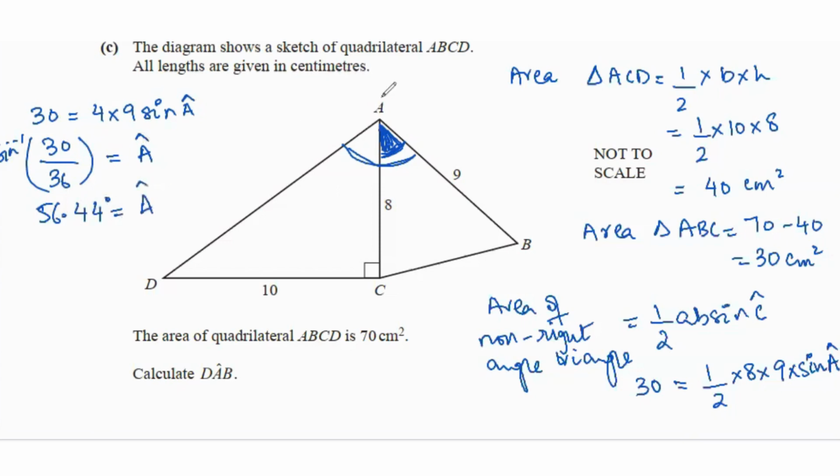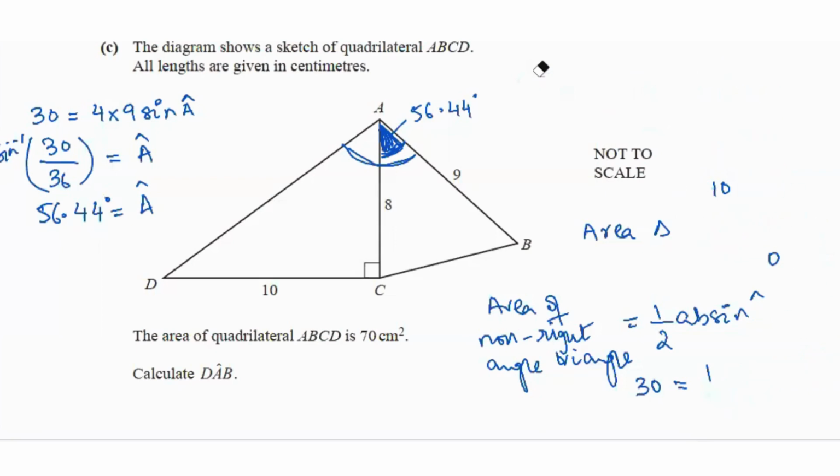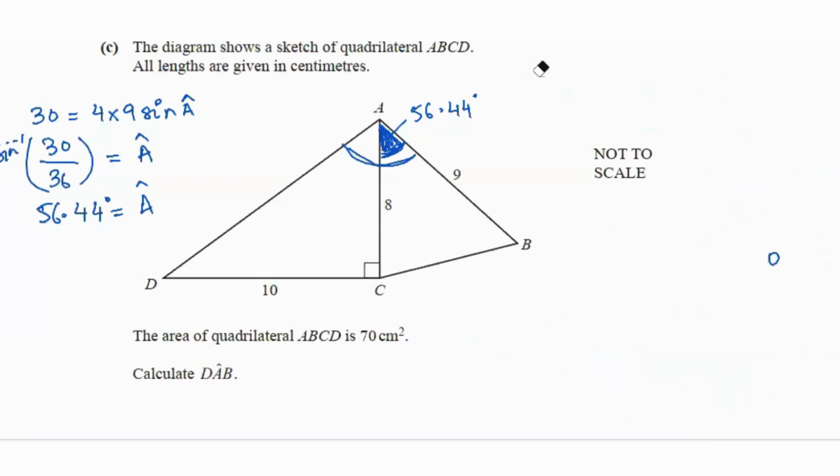Now that we have this angle, 56.44, we're going to find the remaining angle. So we're going to remove all of this. For the remaining angle, since this is a right angle triangle, we have the opposite and the adjacent, so we can use tangent.